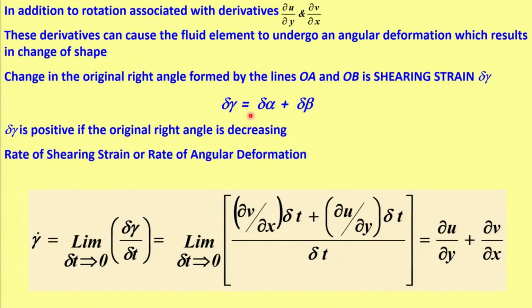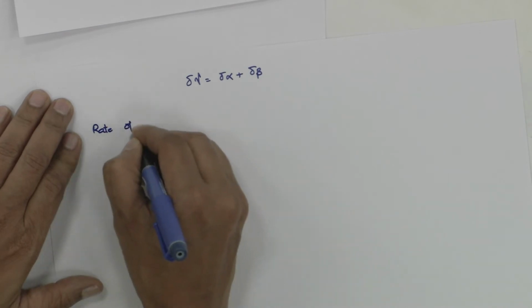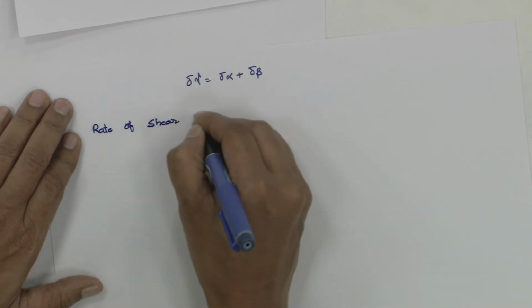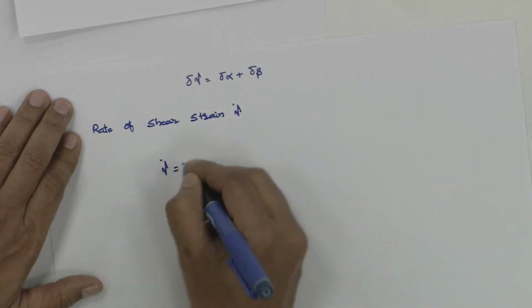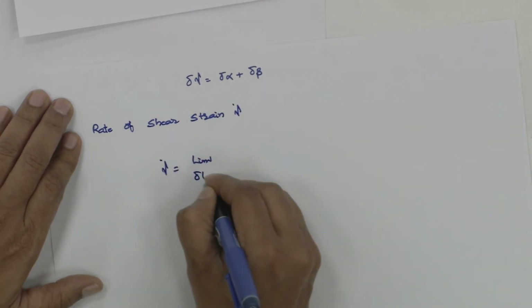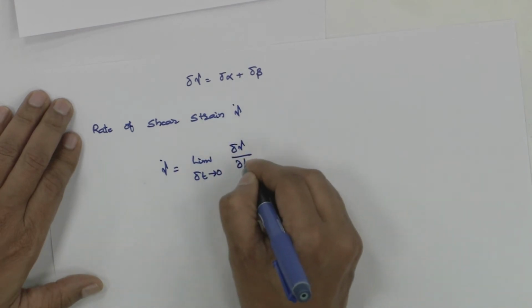So Δα plus Δβ gives the rate of shear strain, γ dot, equal to limit as Δt tends to 0 of Δγ by Δt.